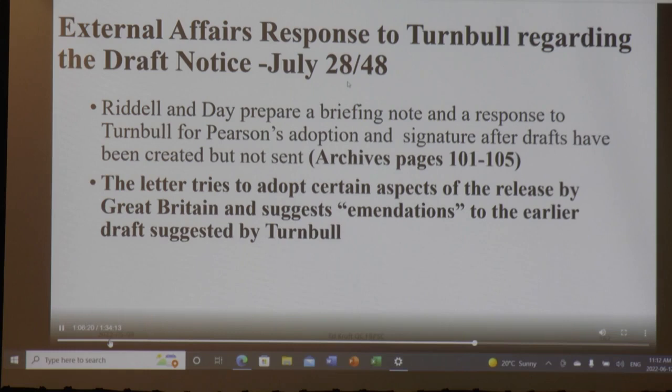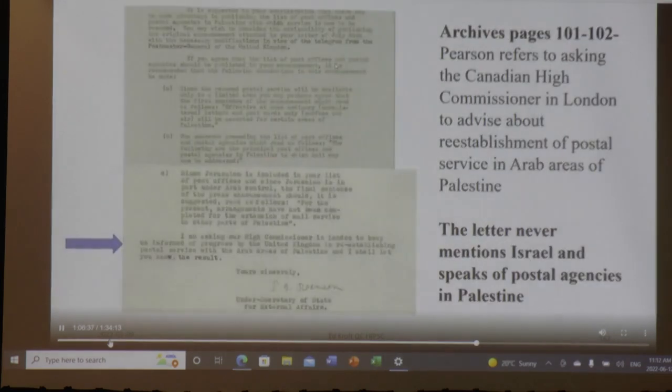So it's July the 28th, 1948, and there's a briefing note prepared by External Affairs and a response to the Postmaster General that Lester Pearson was supposed to read and adopt, and it says, the letter will not fully recognize Israel.